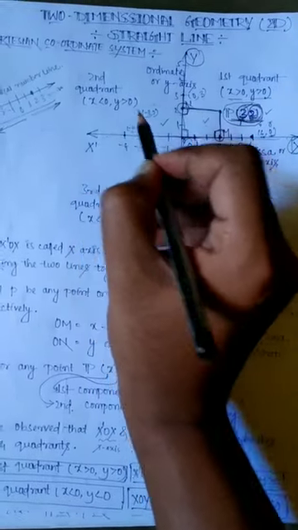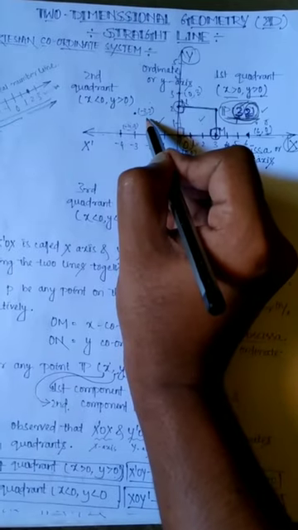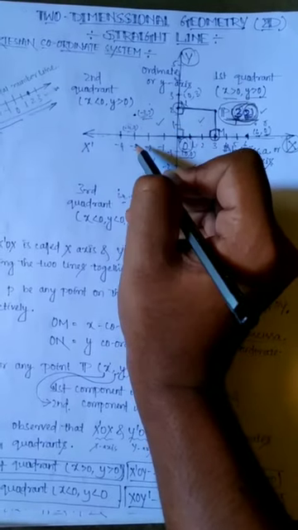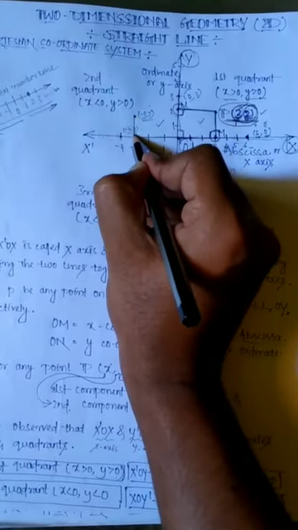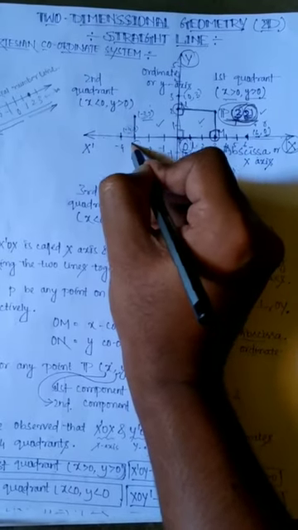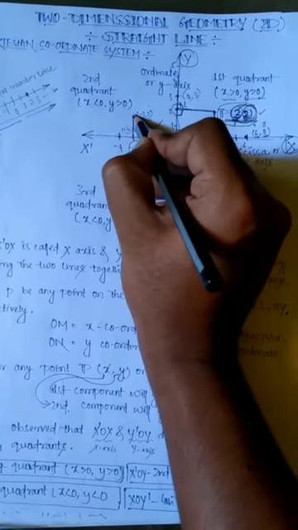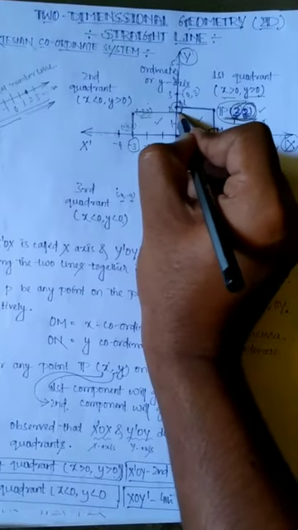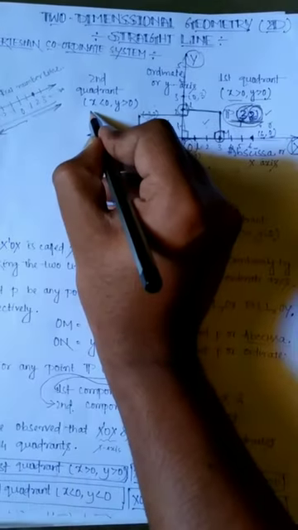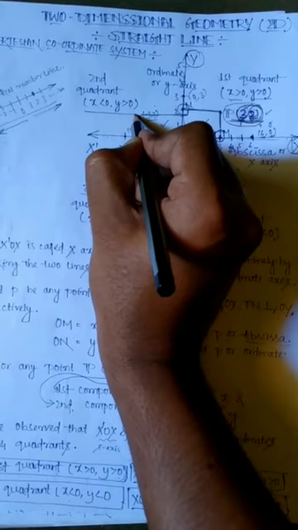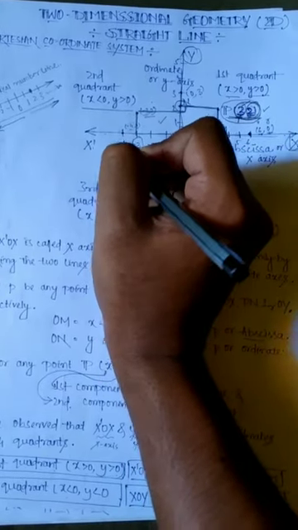In the second quadrant, if a point is present, here I denoted it as (-3, 2), then the corresponding x value will be negative and the corresponding y value will be positive. That's why here I have written x is less than 0 and y is greater than 0.